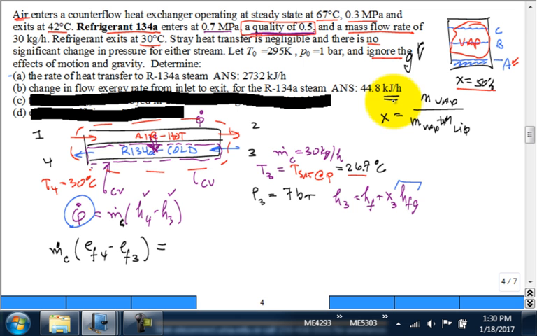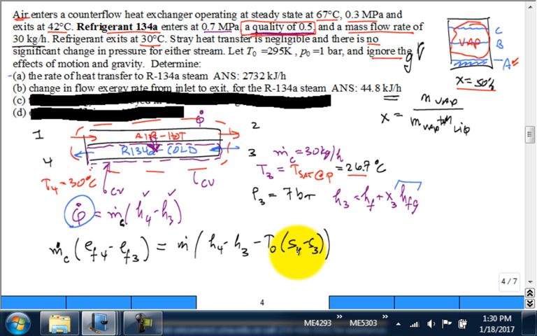All right. So we know the mass flow rate or not mass flow rate? Yeah, we do. It's right here, 30 kilograms per hour. All right. How do I calculate this change in the flow exergy? That's exactly right. H4 minus H3 minus T naught times S4 minus S3. It's just a property, remember? The flow exergy was a property.